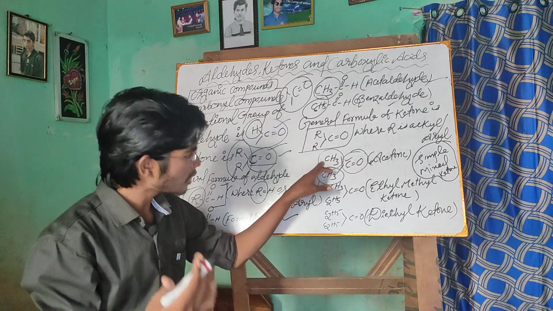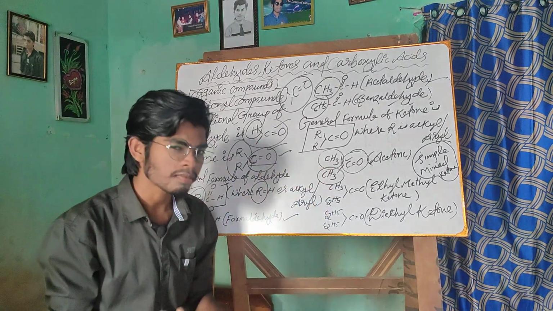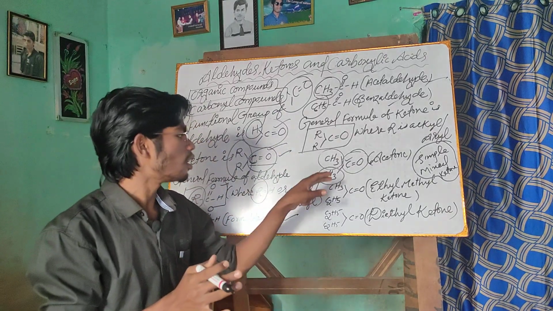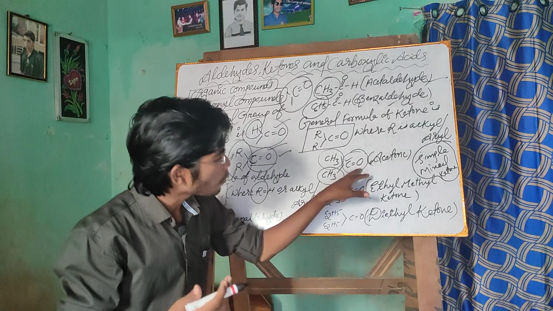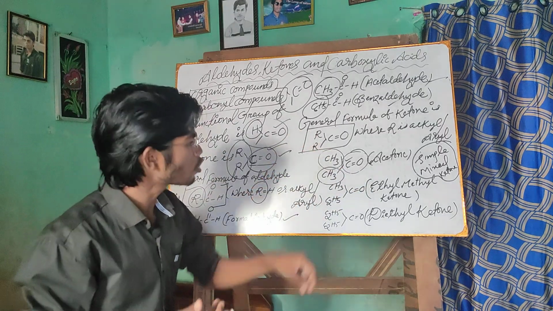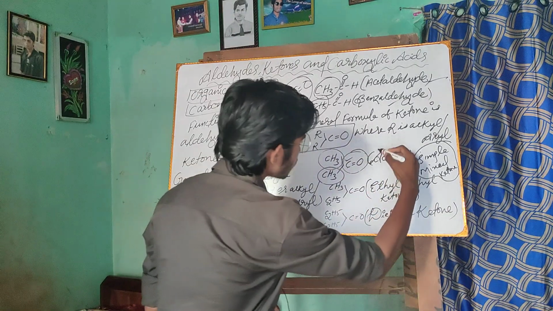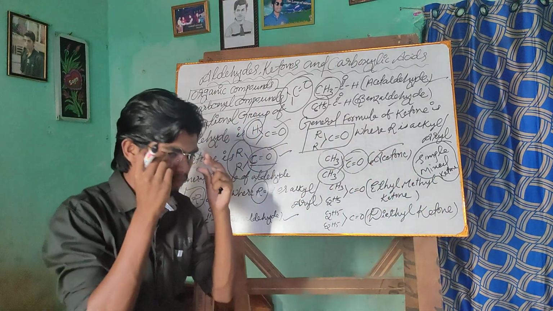Here the alkyl group is methyl, here also the alkyl group is methyl. That means if two same alkyl groups are attached to the carbon atom of the carbonyl group in this ketone, then that ketone is called the simple ketone. So acetone is the best example of the simple ketone.